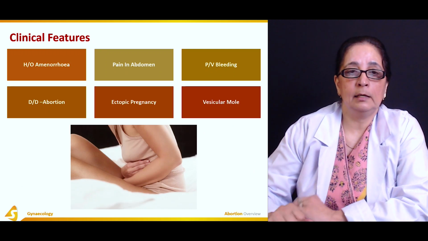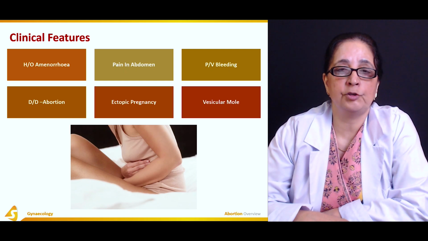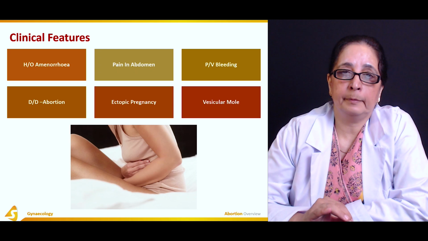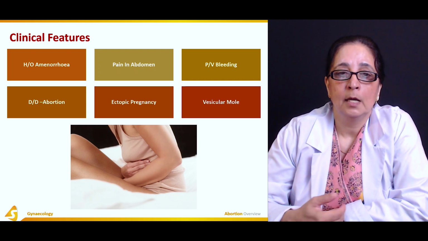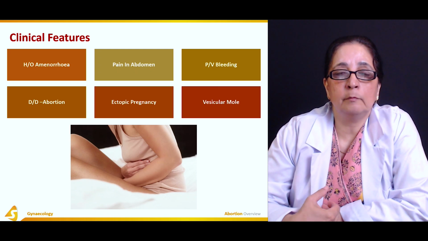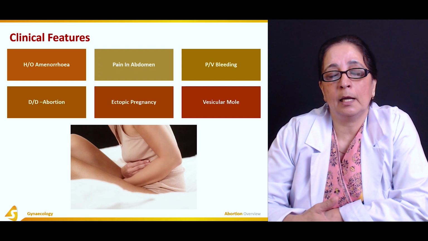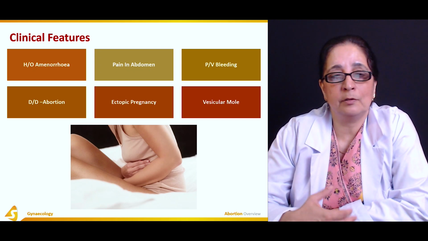Then some clinical features of abortions. First is a history of amenorrhea, which is the first symptom of pregnancy. The patient comes and tells you, I have no menstrual cycle this month, or it's late or delayed.